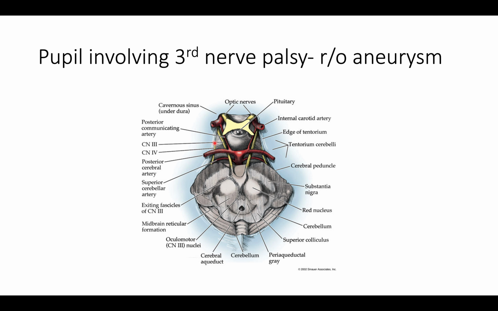The superficial surface of the cranial nerve is innervated by the parasympathetic pathway, which is mainly responsible for constriction, right?